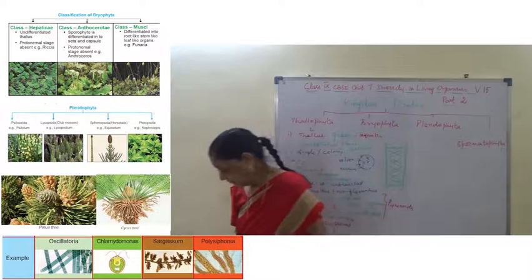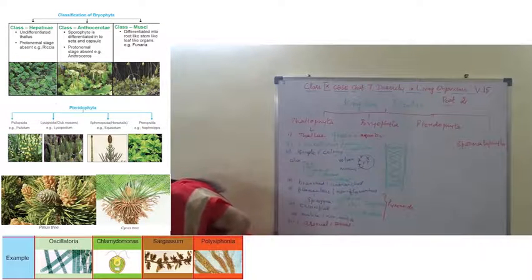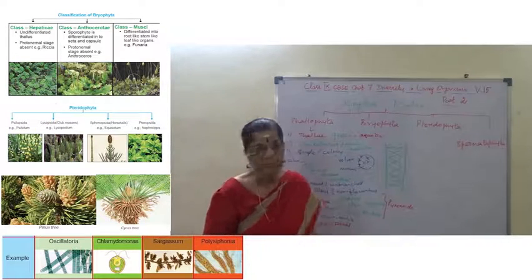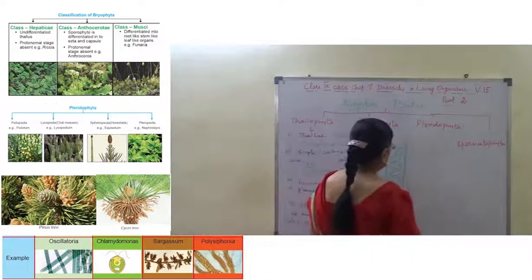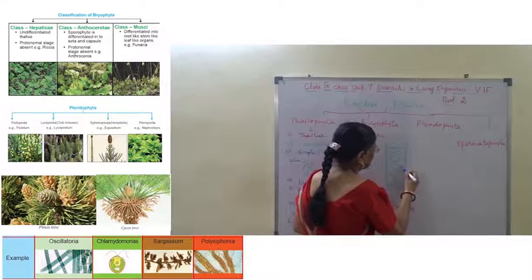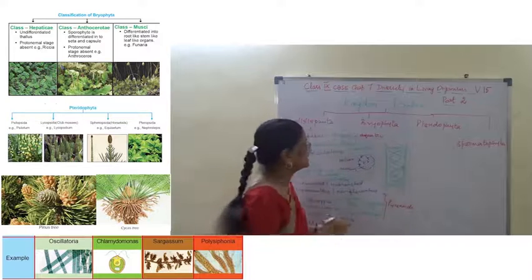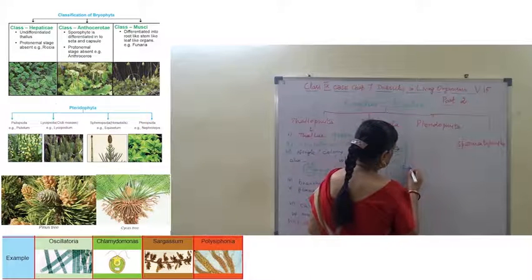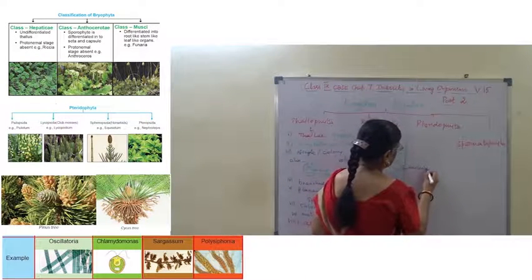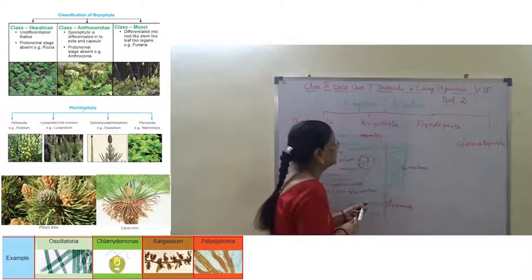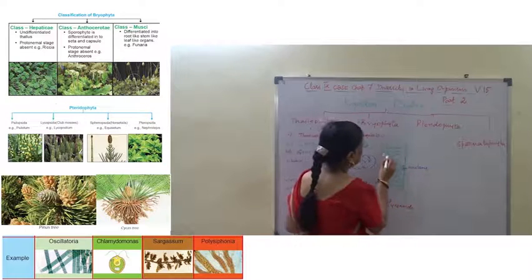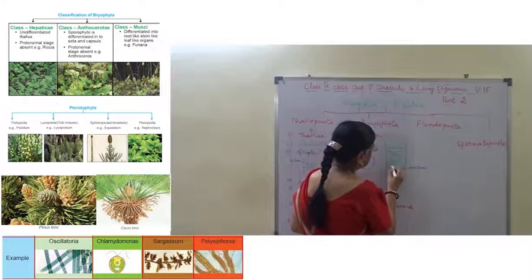As this ribbon-shaped chloroplast occupies the center portion, the nucleus is pushed towards the lateral side. So this is the nucleus.